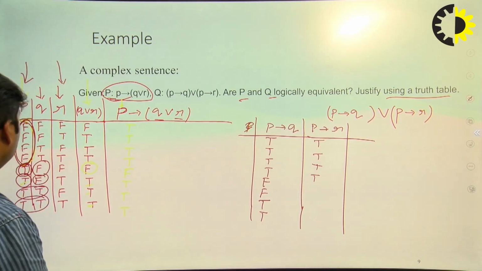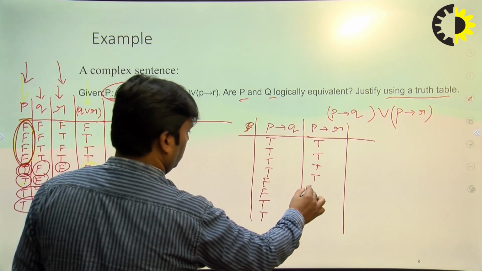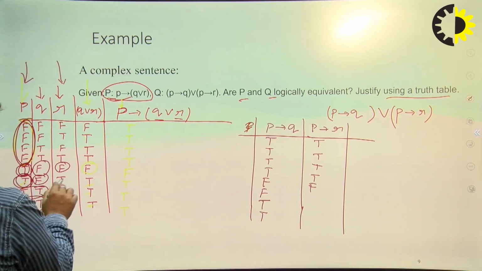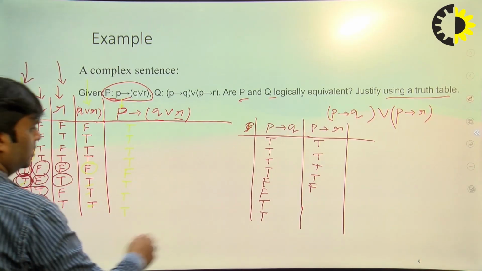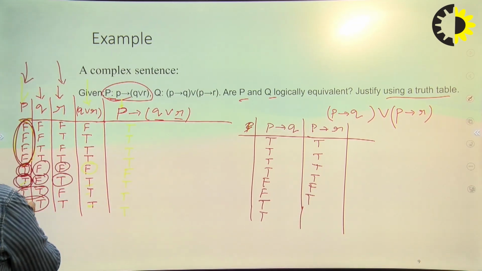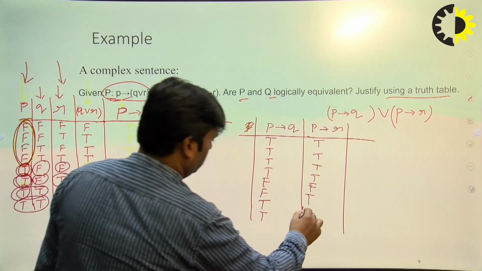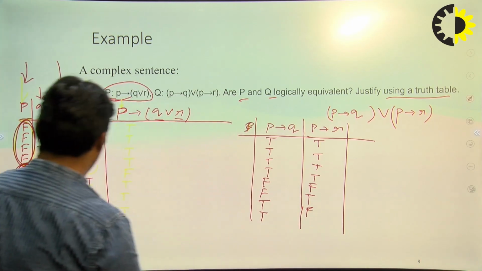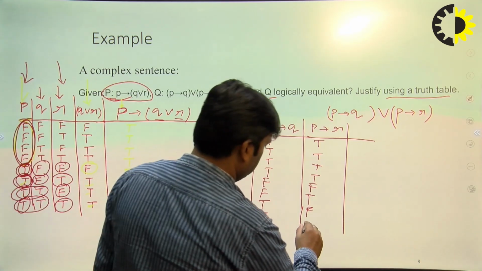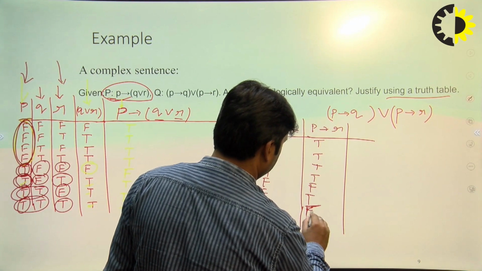P is true and R is false, the output will be false. P is true, R is true, the output will be true. P true, R false, then the output will be false. Both are true, then the output will be true.